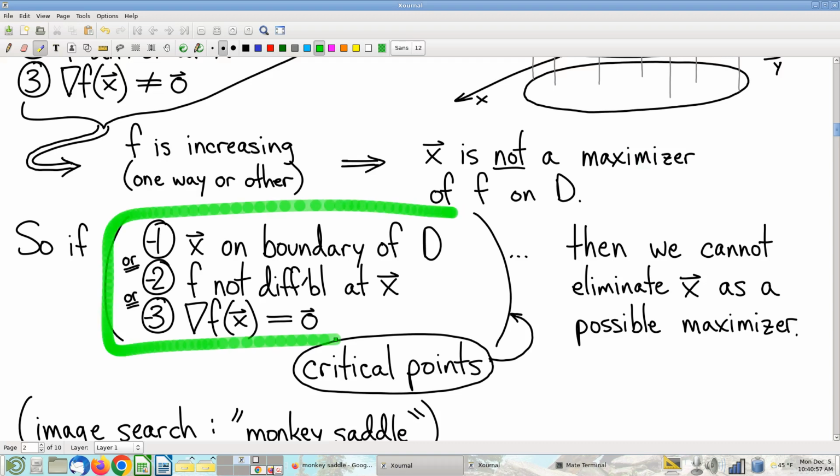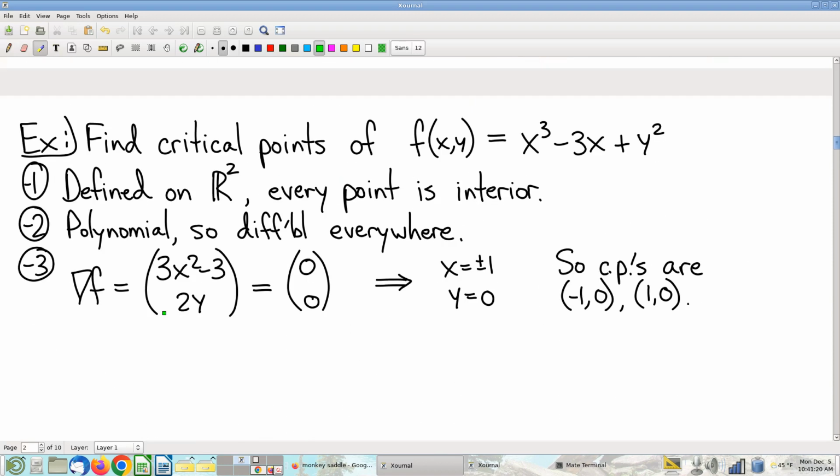We're going to check the three different versions of how you might find a critical point. Is it a boundary point? So look for boundary points. Look for points where the function fails to be differentiable. Look for points where the gradient is equal to 0. We're going to do that here.